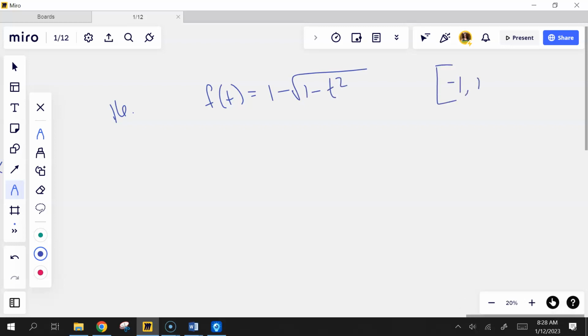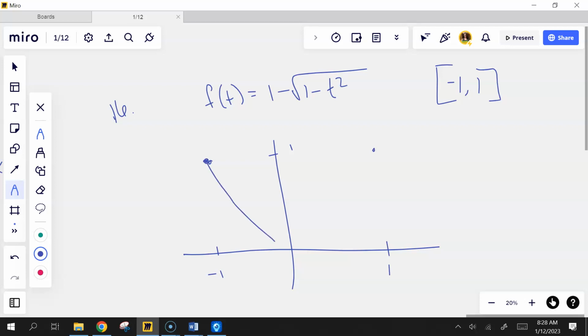Y'all are going to have to think about this one. Pretend like those are equidistant.